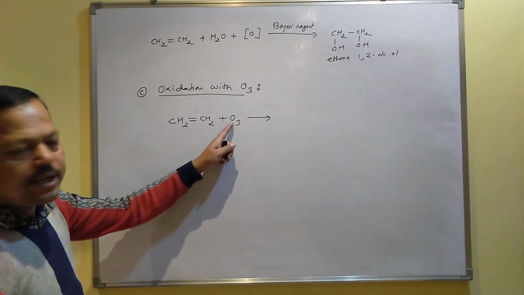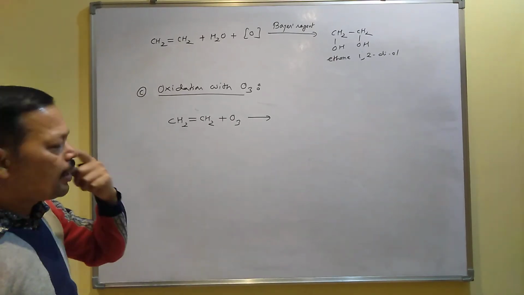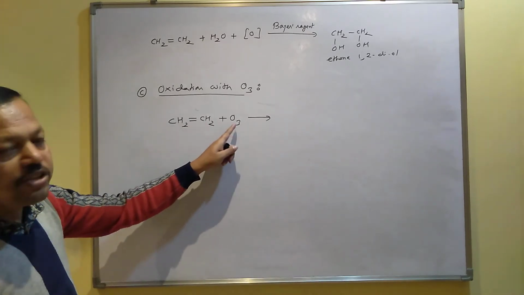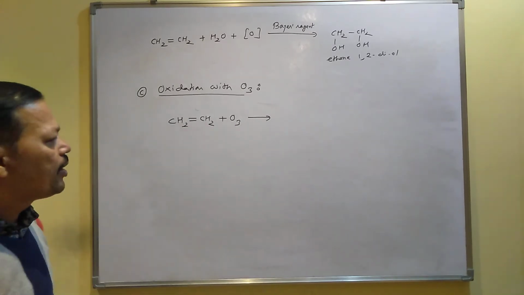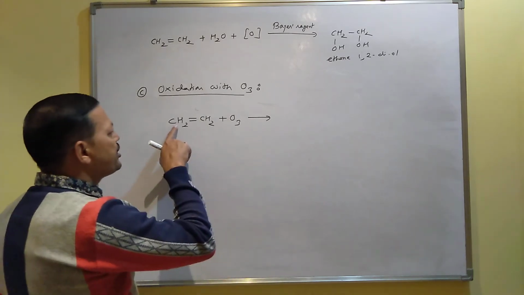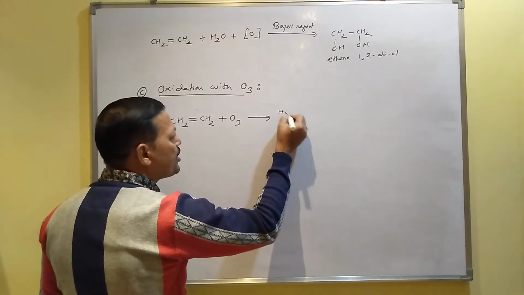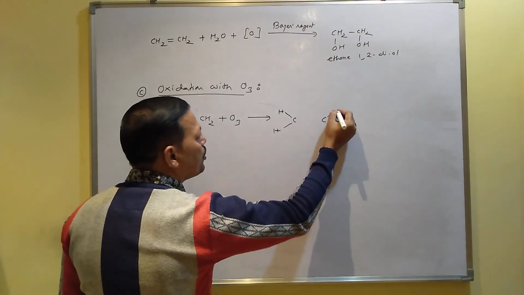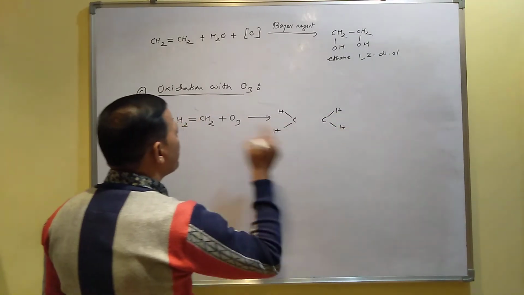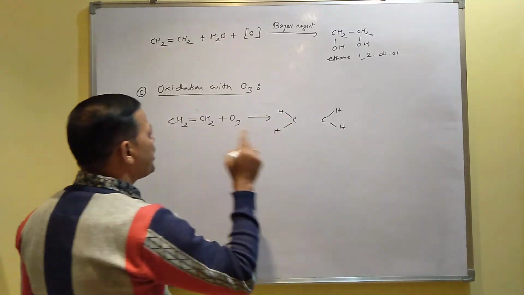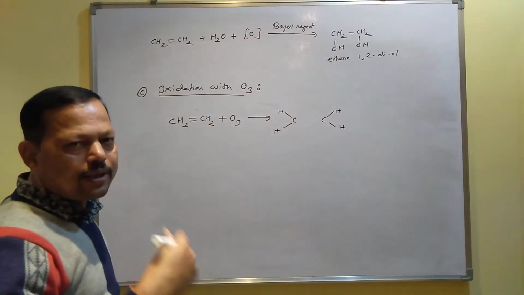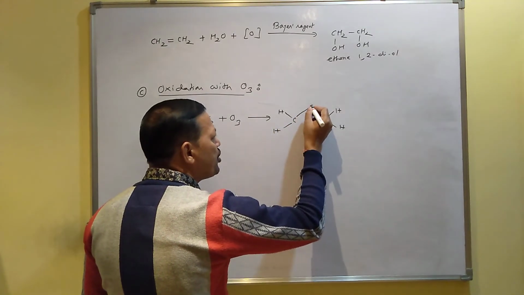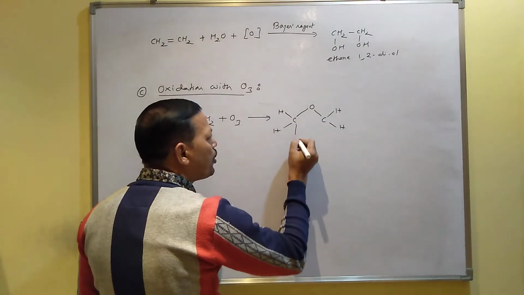All these 3 oxygen atoms will join with the alkene, and how do they join? At the position of the double bond, all the 3 oxygen atoms will be joined like this. This is CH2, you can write this CH2 like this, and this is another CH2. So in this position, the double bond is present. At the position of the double bond, the double bond will finish, and all the 3 oxygen atoms of ozone will join like this.